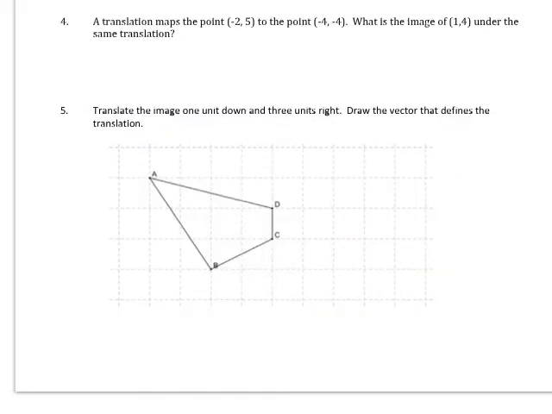For the next example, we're going to create the rule and then apply the rule to a new point. So an image maps the point -2, 5 to -4, -4. We've got to create that rule and then apply it to this point. So again, if I take my answer, -4 minus -2, that means I've got to move by -2. For the y values, I have -4 minus 5, so I've got to move by -9.